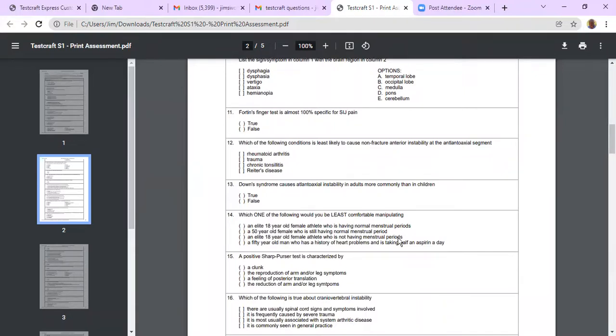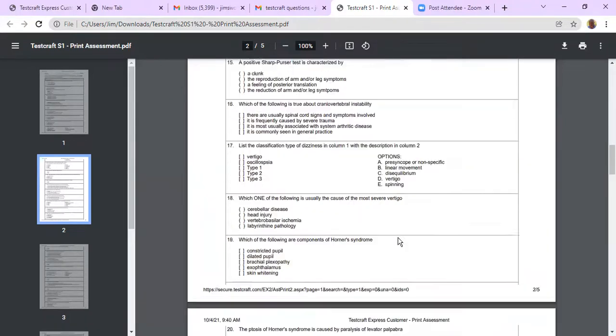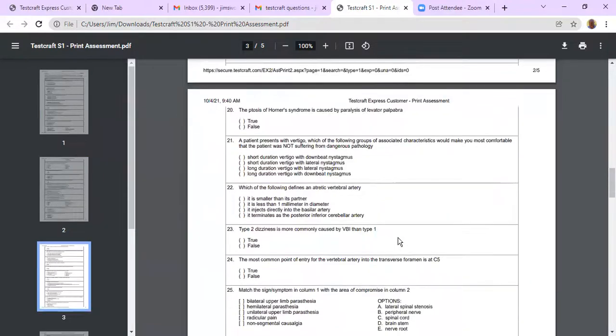Next page, I think I was good with. I just wanted to confirm 22. Which of the following defines an atretic vertebral artery? And that would be, it terminates as the posterior inferior cerebellar artery, is what I had come to the conclusion of. Yeah.